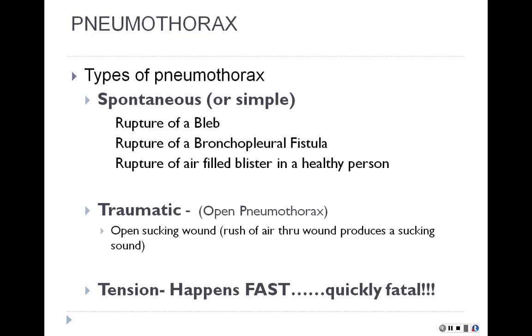So it swings back and forth. It's like how the tamponade made that mediastinal shift. Well, these will do that as well.